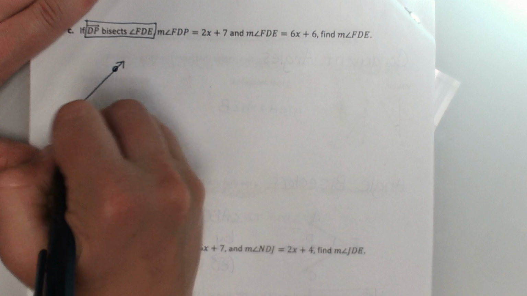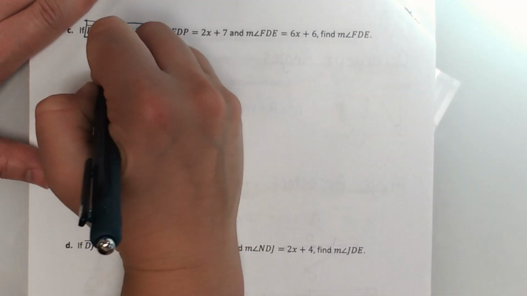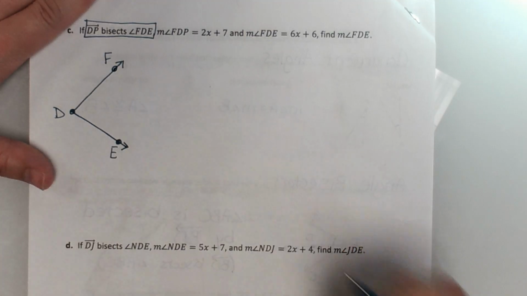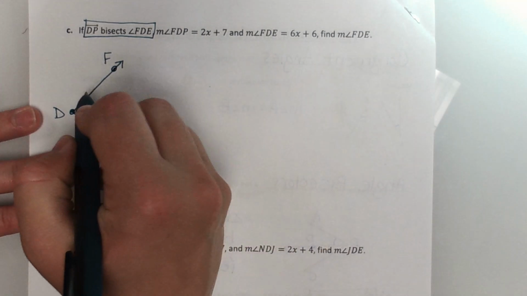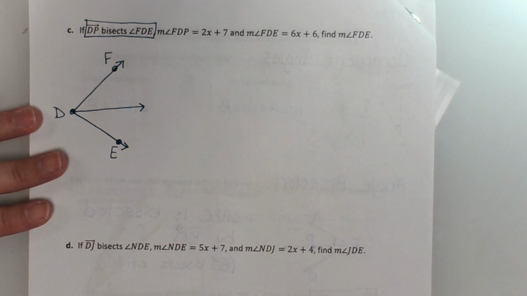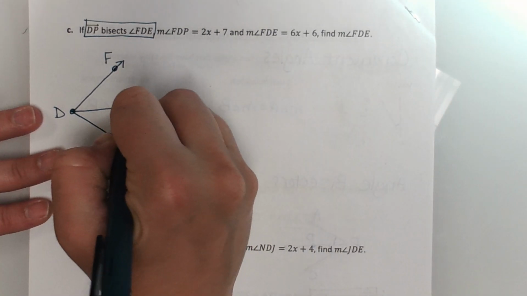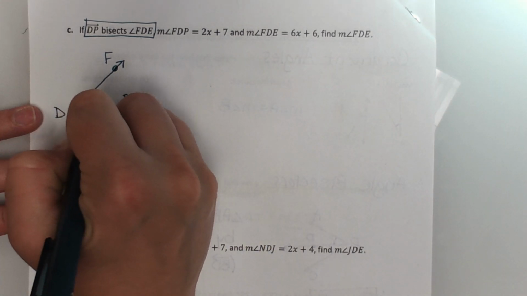That is angle FDE, meaning the vertex is D and F and E go on the outsides. It is being bisected. Bisected means what again? Split into 2 congruent parts. Split in half. To split an angle in half, you go through the middle. That is DP. And since it's bisected, this is congruent to this.